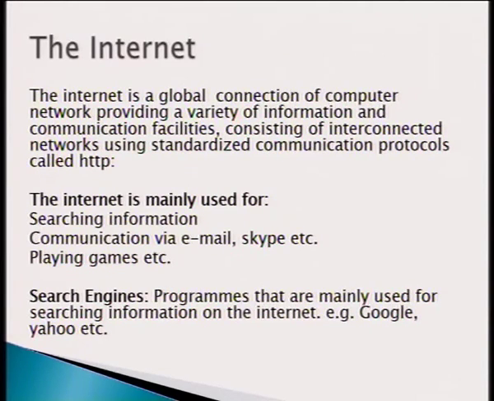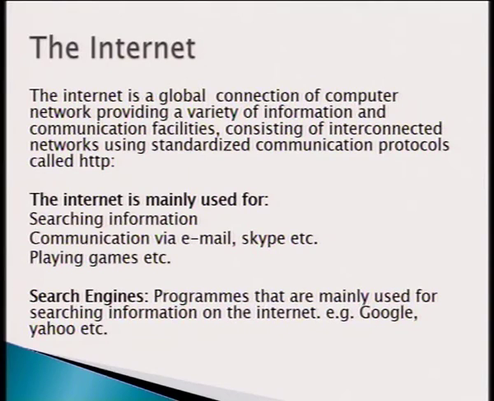For these computers to connect, they must use specific standards and specific communication protocols. A protocol is a set of rules that governs a specific operation. The protocol that is used by the internet is called HTTP.